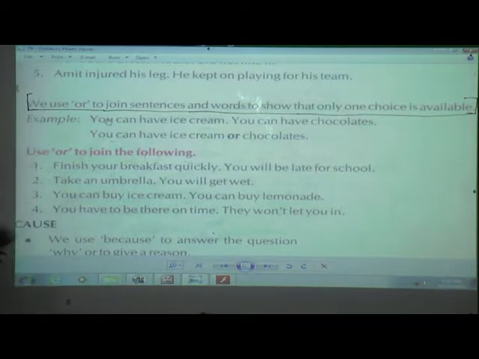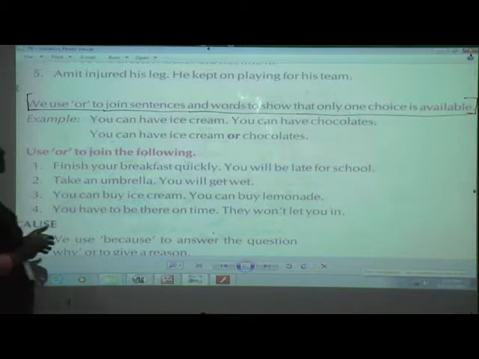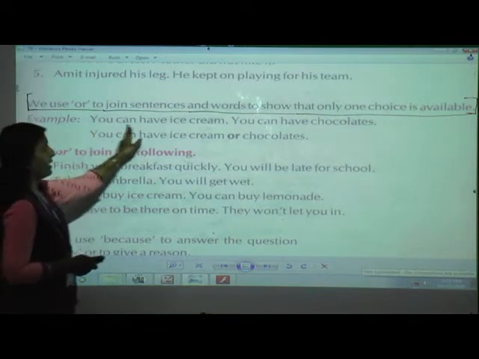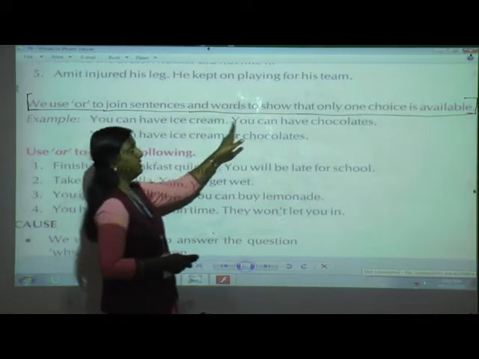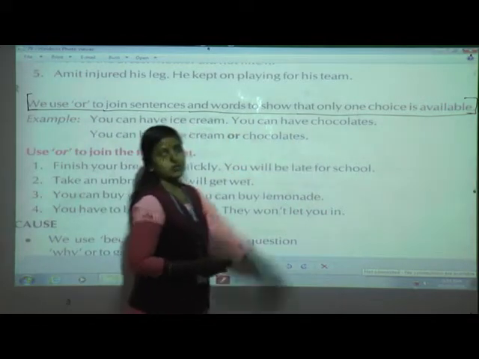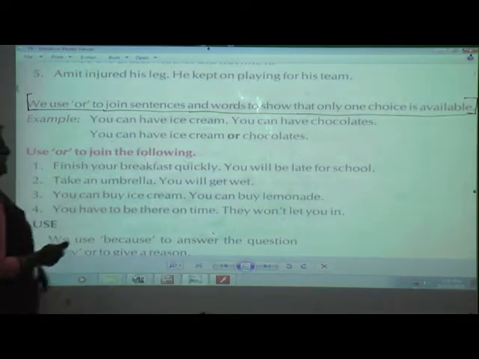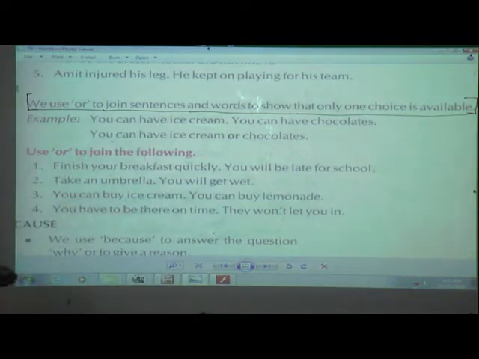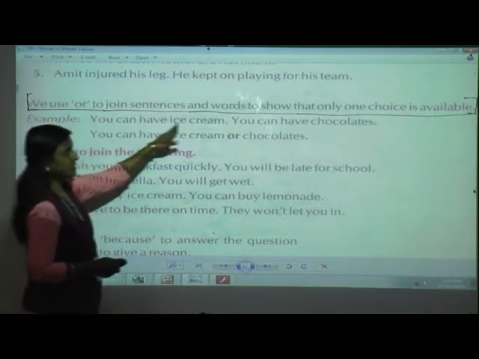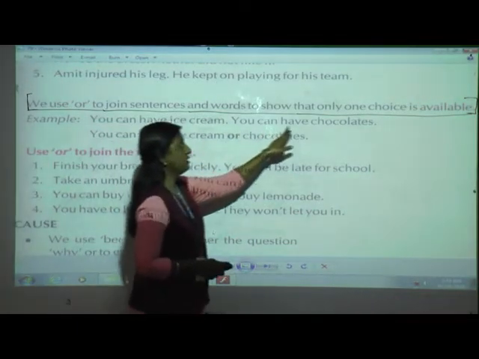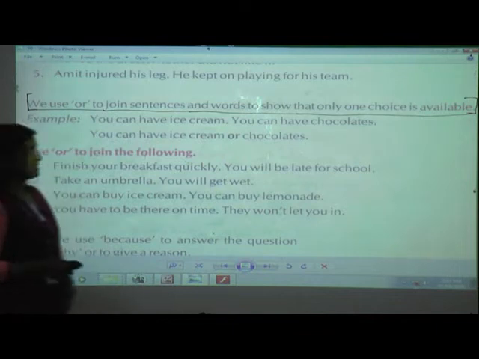Now we'll come to the example part. Now see here. Can you see here also two sentences are there? You can have ice cream. Full stop. You can have chocolates. So instead of saying two sentences, here we can use the conjunction or. See, you can have ice cream or chocolates. Understood, students? Okay.